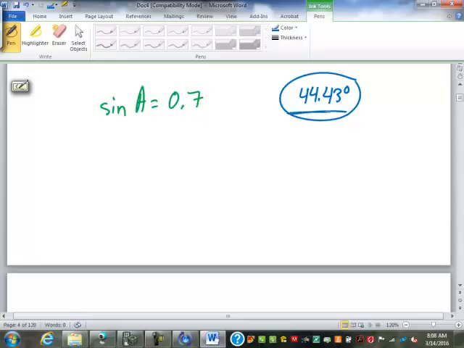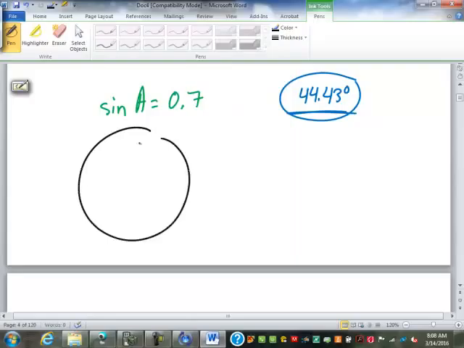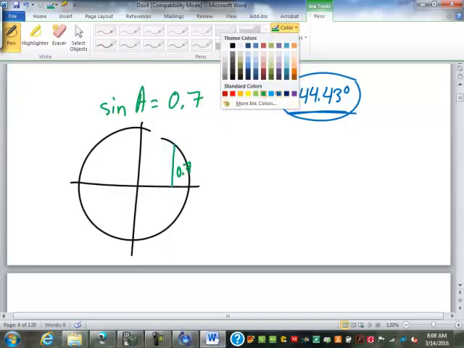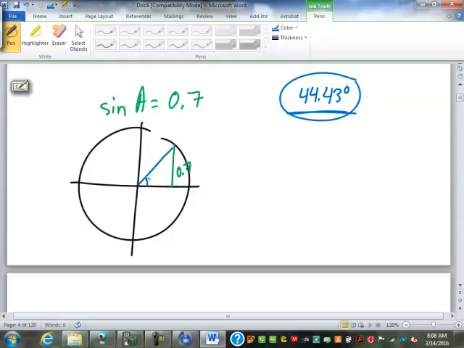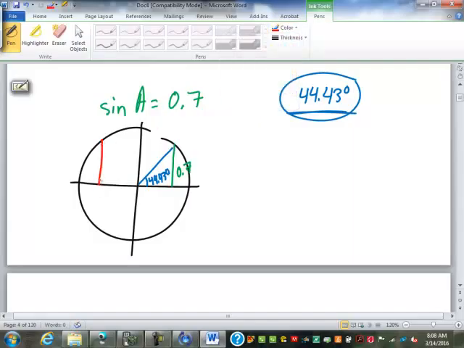Is that the only possible answer for that? On my unit circle, there's 0.7. That's my 44.43 degrees. But there's also a spot over here that's 0.7.